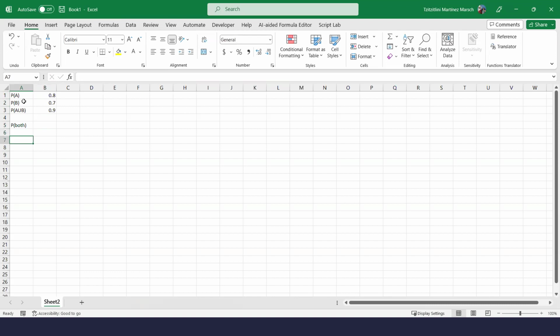If you remember the formula, the probability of A or B is the probability of A plus the probability of B minus the probability of both. Okay, so now we have A, we have B, and this is what we want, this both.